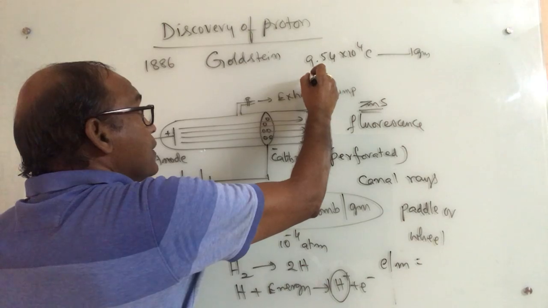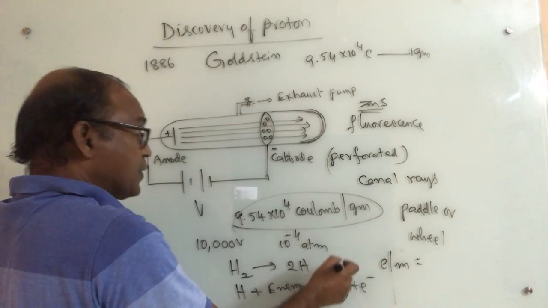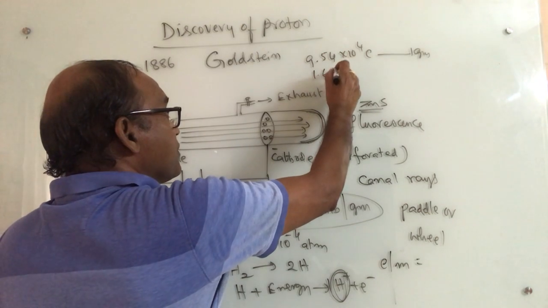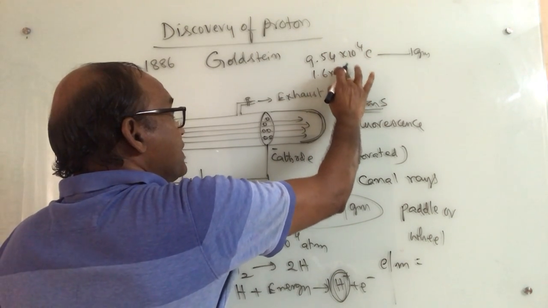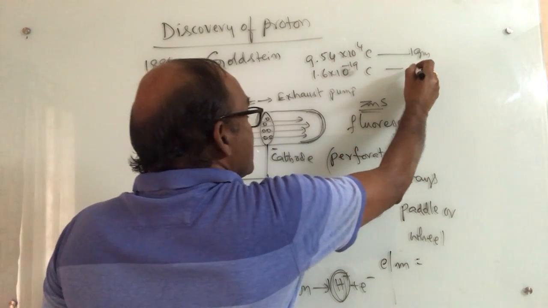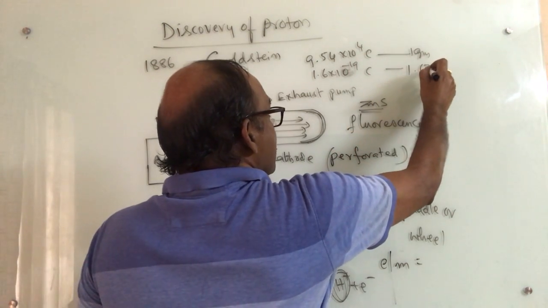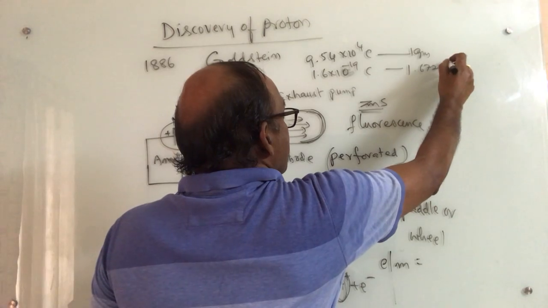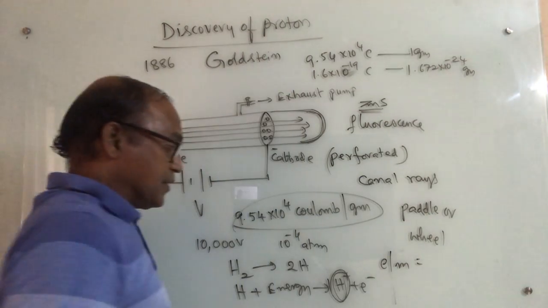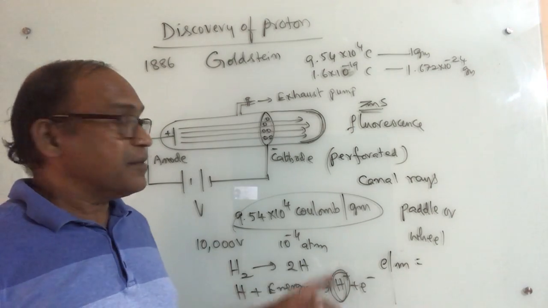As you know, the charge of the proton and the charge of the electron are both found to be the same, 1.6 into 10 power minus 19 coulombs. We are getting 1.672 into 10 power minus 24 grams. This is the mass of the proton.